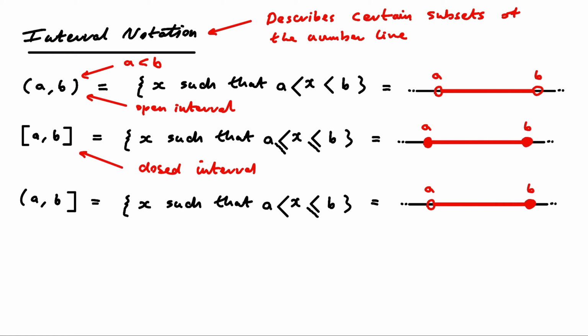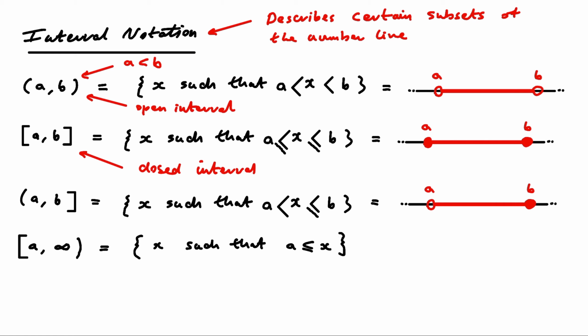If I'm going to talk about something like the positive numbers, I would use this notation. I'm going to mix and match a bit with my open or closed intervals. So let's have a square bracket on this side. I'm going to write A, comma, now the infinity symbol, which is this 8 on its side, and an open bracket there. When I write this down, this is notation for x such that the only condition is x is greater than or equal to A, or A is less than or equal to x.